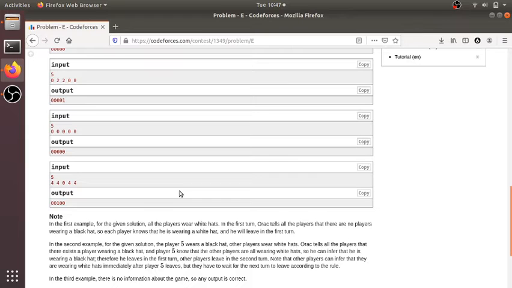In the second round, again he will say that there is a black hat wearing. In the first round nobody left. In the second round nobody left.